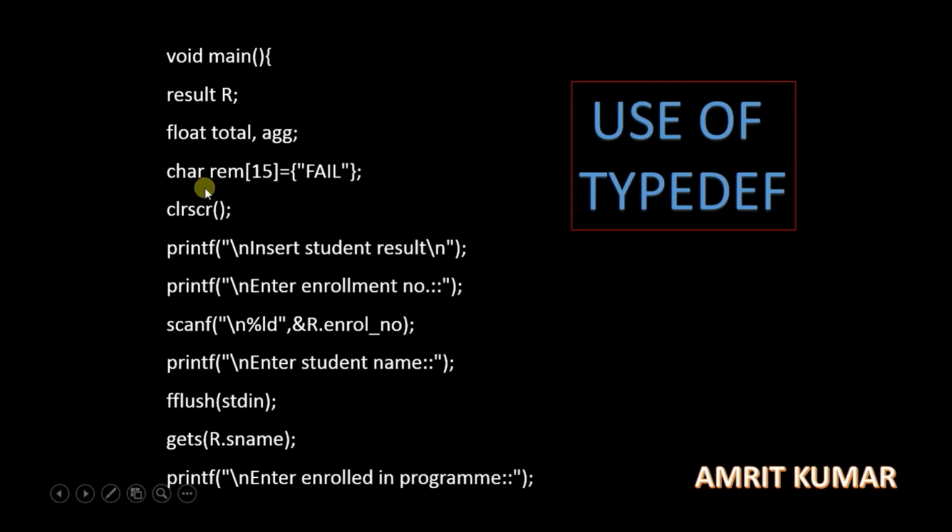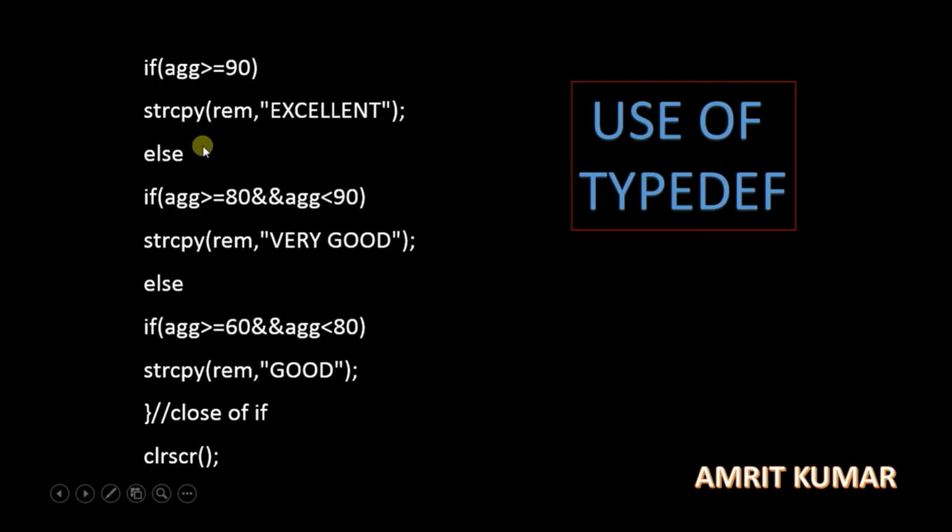Here you can see I have given remarks a size of 50, an array of character data type. I am using the concept of string handling here so that Excellent is transferred into remarks. strcpy means I am copying the strings, so whatever value is given here is stored in the rem array.